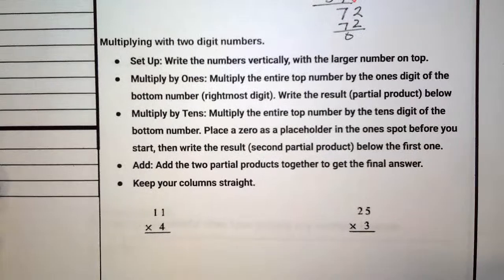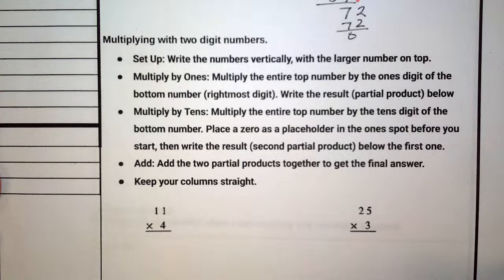Then you multiply by tens. You multiply the entire top number by the tens digit of the bottom number. Place a 0 as a placeholder first in the ones spot before you start. Then write the result, which is your second partial product, below the first one. You add them together and you get your final answer.